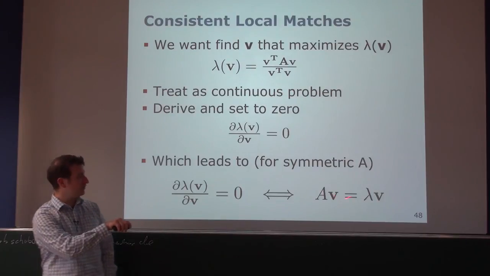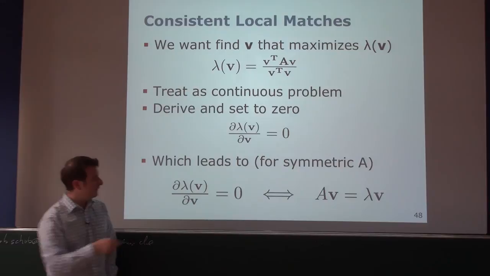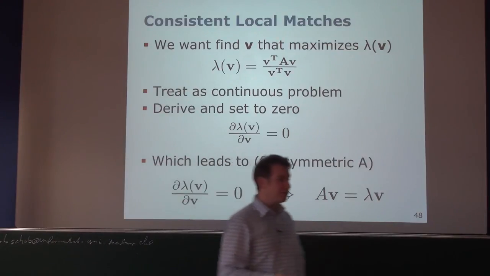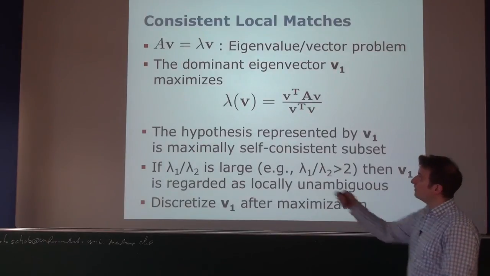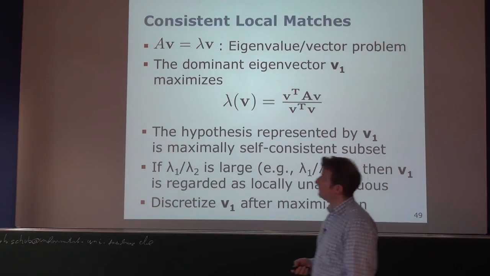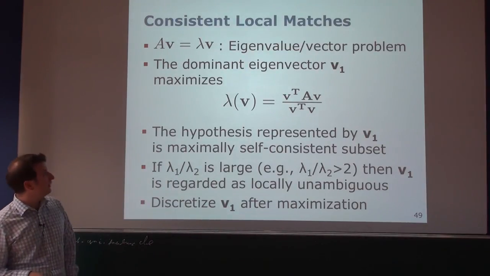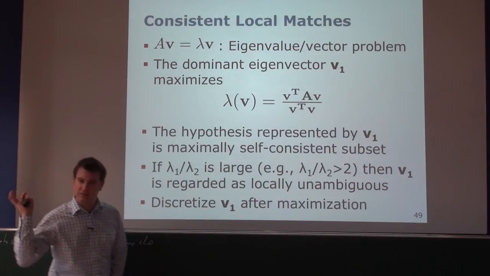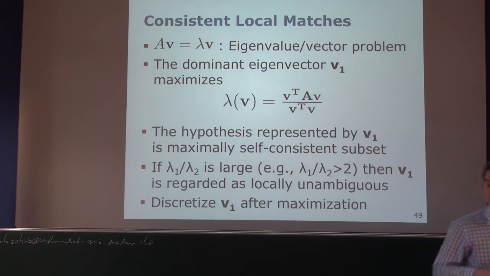So matrix A times vector v is equal to a scalar times v. In order to solve this problem, I simply need to solve an eigenvector and eigenvalue problem, finding the eigenvectors and the eigenvalues. I can solve that with whatever technique I want to use.